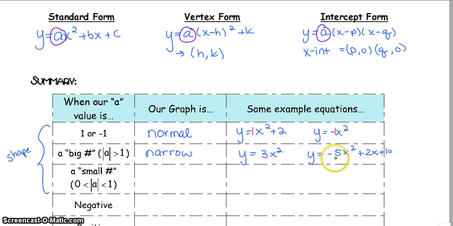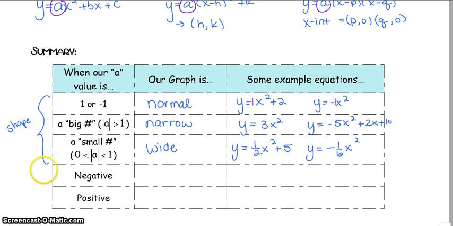And remember, we don't pay attention to the fact that it's negative because it's the absolute value of it. And last, if we have a fraction or decimal between 0 and 1, we're going at a slower rate, so we're going to have a wide graph. So y equals 1/2 x squared plus 5, or we could have a negative 1/6 x squared. We're just looking at that number that's with the x squared.